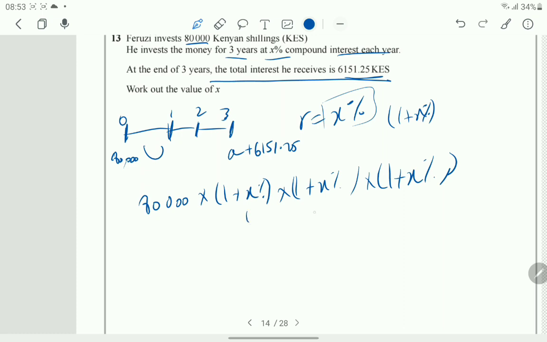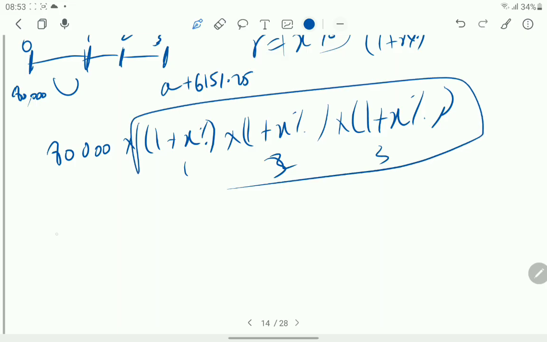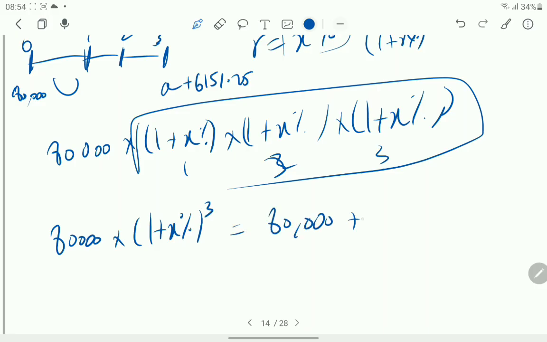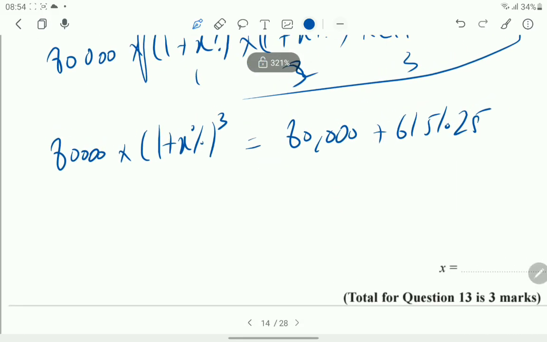So this gets us to year 3, and you can write all of this as 80,000 times 1 plus x% to the power 3, and we know that this equals 80,000 plus whatever the interest amount is, because at the end of 3 years his principal is increased by the amount of interest he receives.